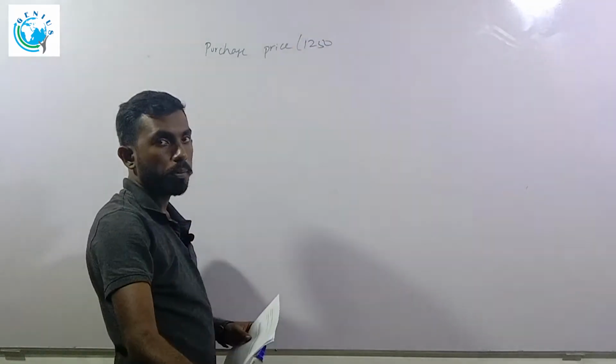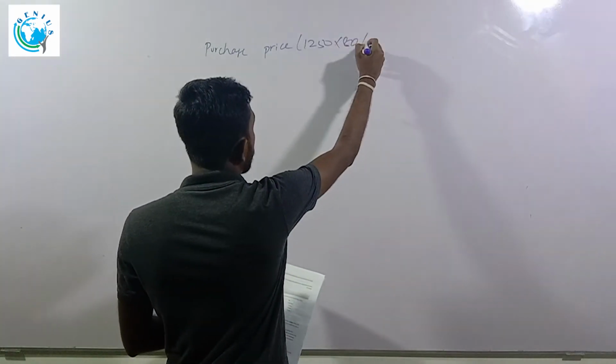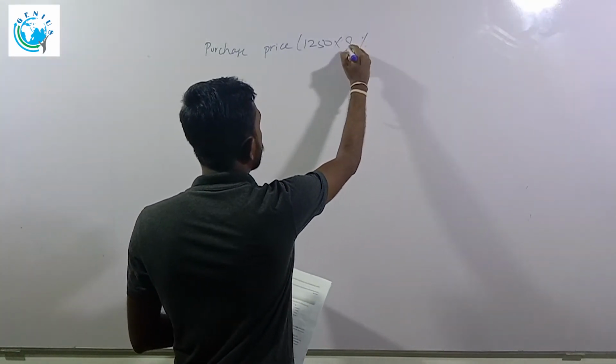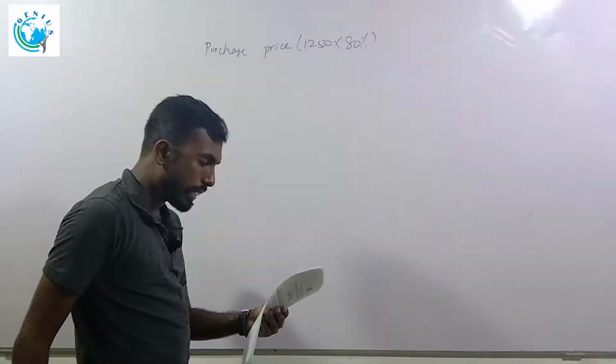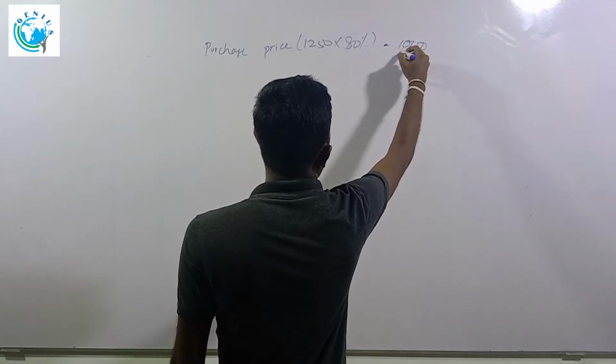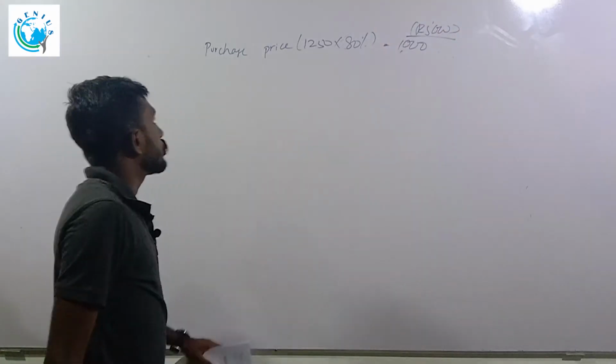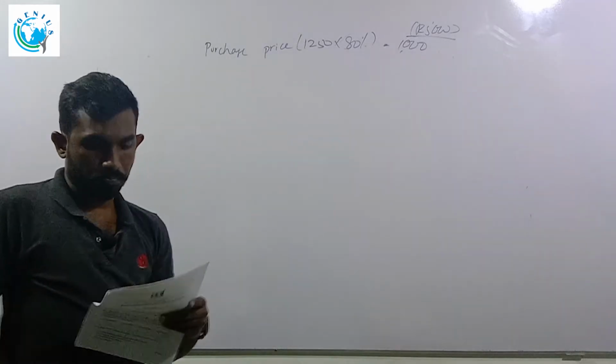You are getting a 20% trade discount, so you have to pay only 80%. That means your purchase price is 1,000 in thousands.